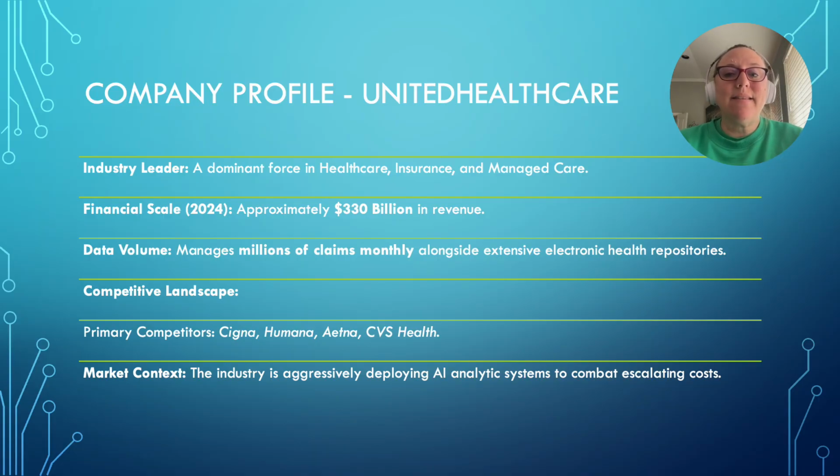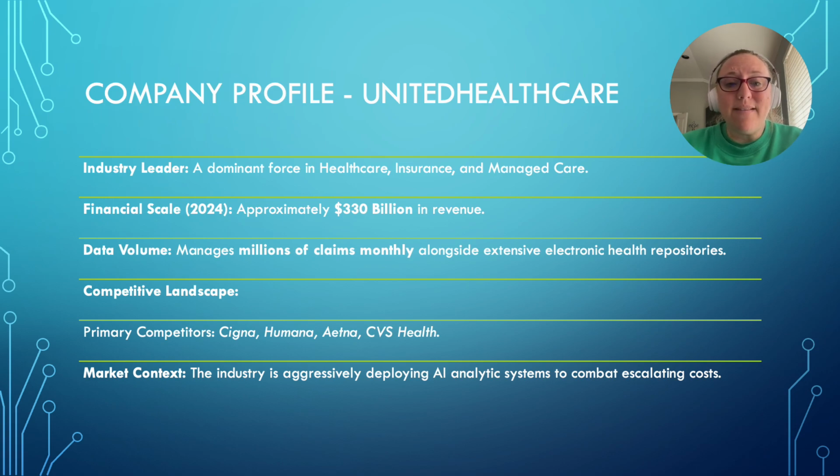Before we discuss the specific machine learning strategy that will be deployed for this particular part of the project, it's crucial to understand the scale of the organization we are analyzing. As outlined in the project's company summary, United Healthcare is a massive entity generating approximately $330 billion in revenue annually. This scale presents a unique data challenge.